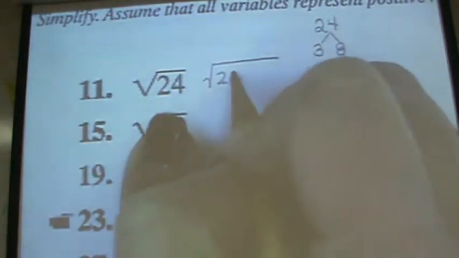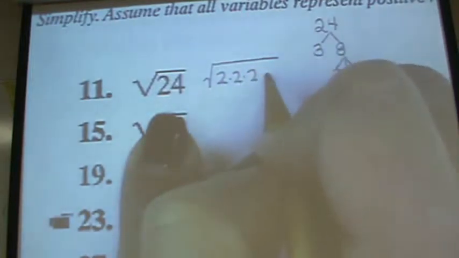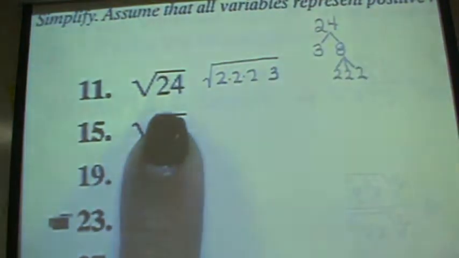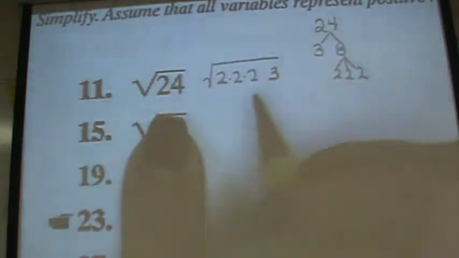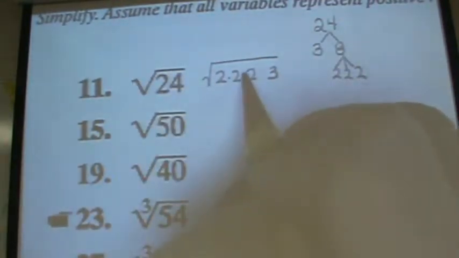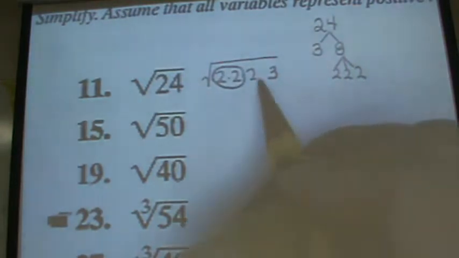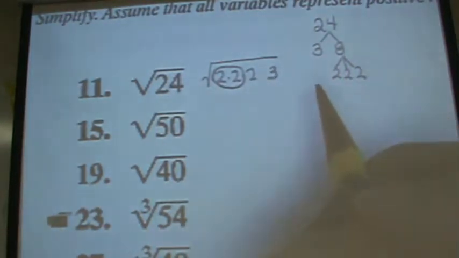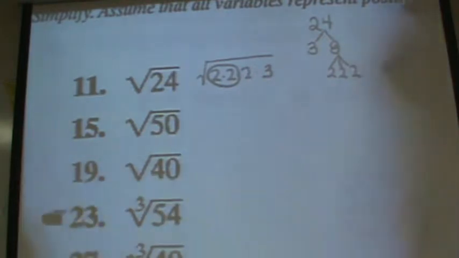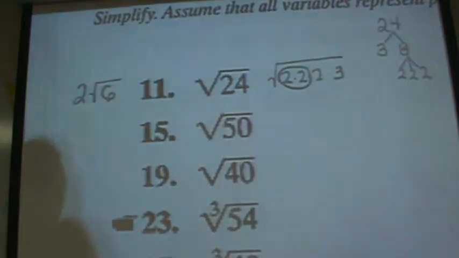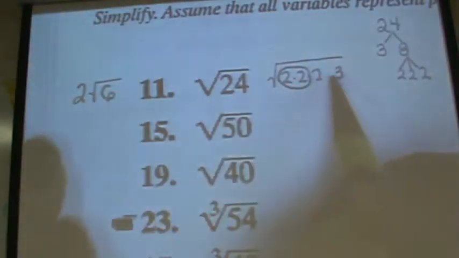So we have three 2s and a 3. If the index is 2, you're going to pull out one set of 2s and you have a 6 left. So your answer for this would be 2 root 6. The 2 comes out and what stays is the 6.